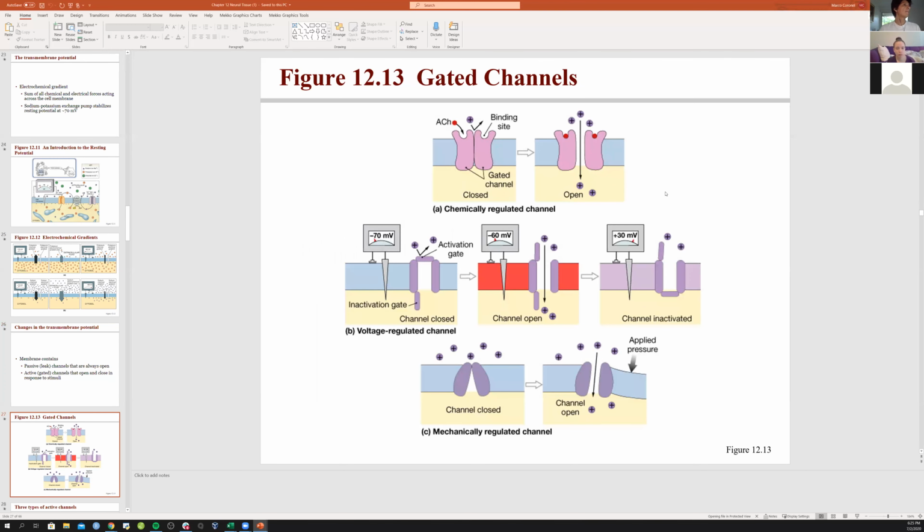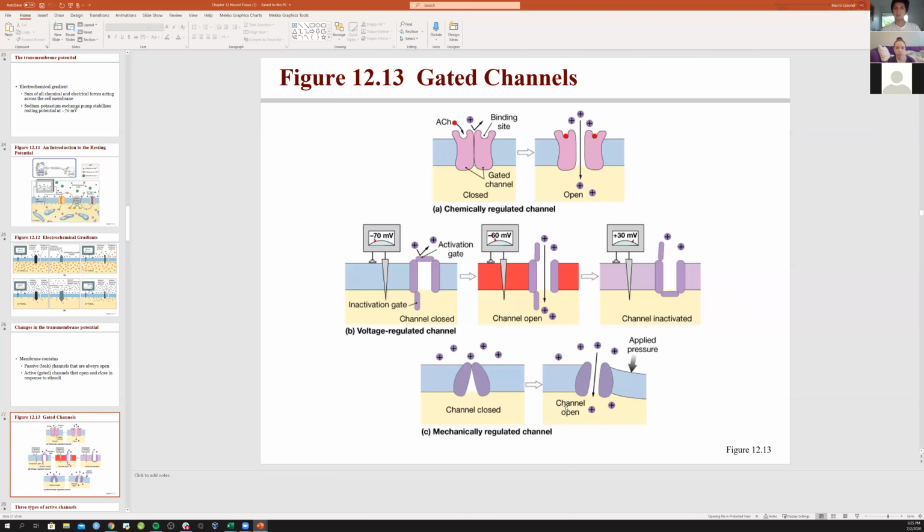The leak channels are constantly open, and we mentioned they play a role in determining the resting membrane potential, because ions are going to move through these always-open channels until they reach equilibrium. That equilibrium is negative 70 millivolts.